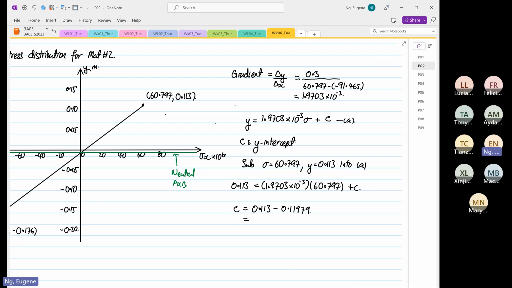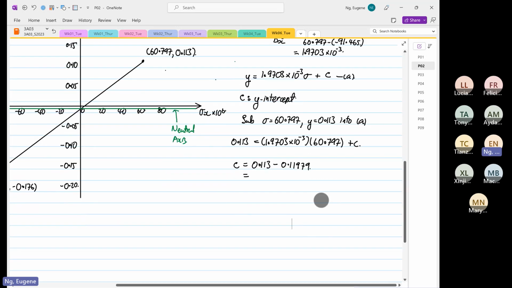I'm getting 2.613. I do apologize for this. Okay, let me do everything in meters somehow. I think I have to do everything in meters, then I will get the right answer. Hold on, I will not cancel it.